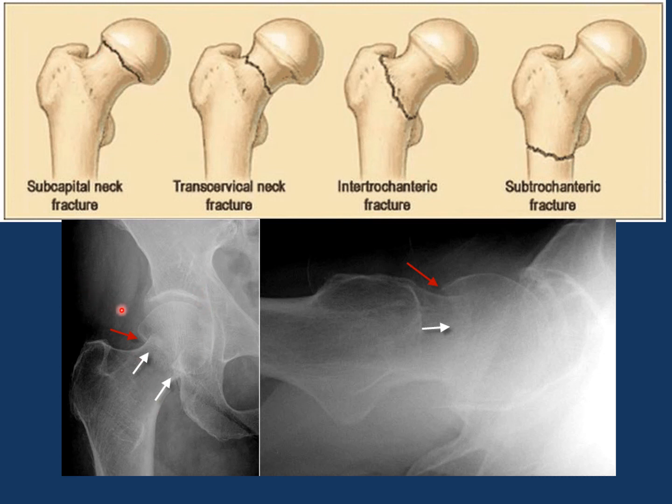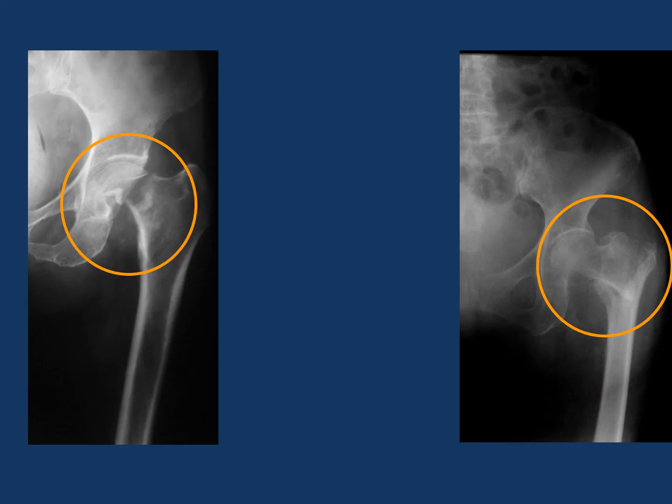Here is the radiographic equivalent. We see the transcervical neck fracture. We see the intertrochanteric fracture and the subtrochanteric fracture. Here, close-up view of fractures of the proximal femur.